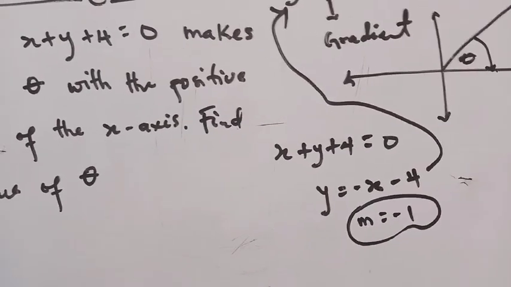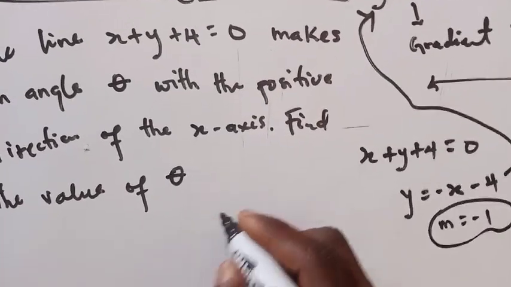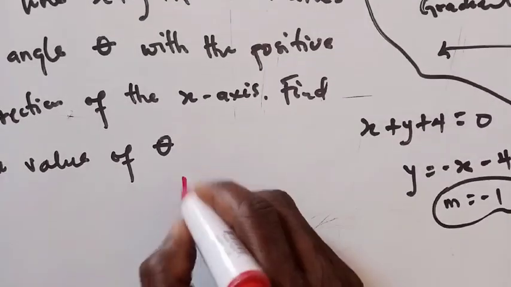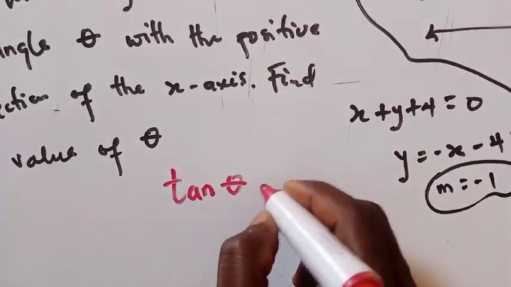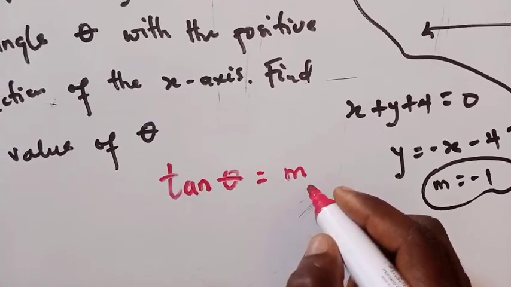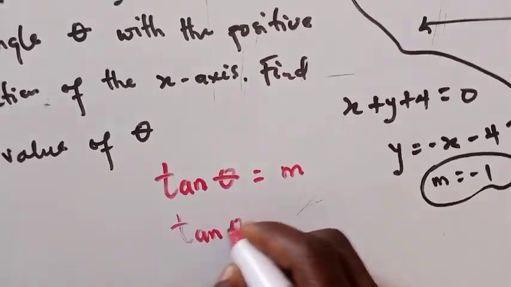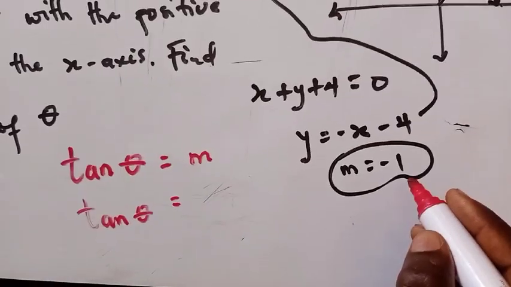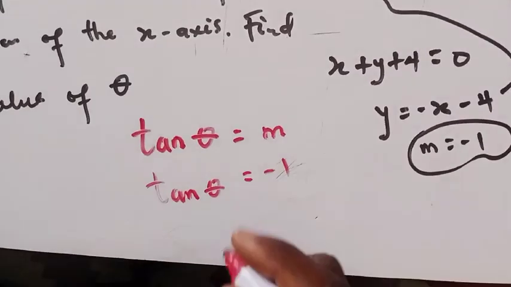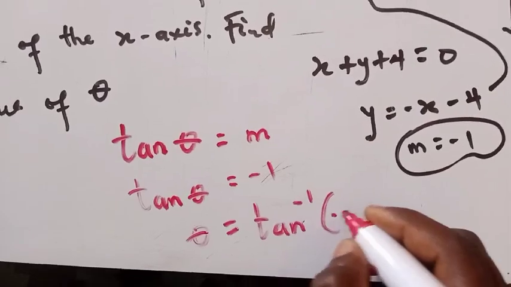Once you have the gradient, one thing you must know about the angle is that the tool you use here is the tangent: tan theta is equal to the gradient m. So tan theta equals -1. To get theta, you take the tan inverse of -1.